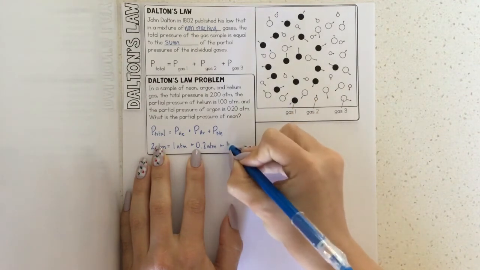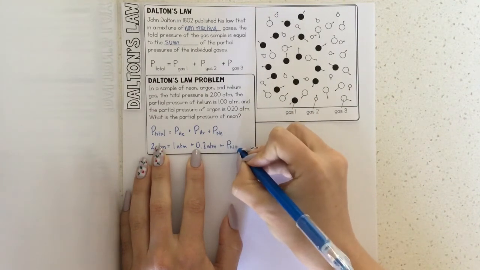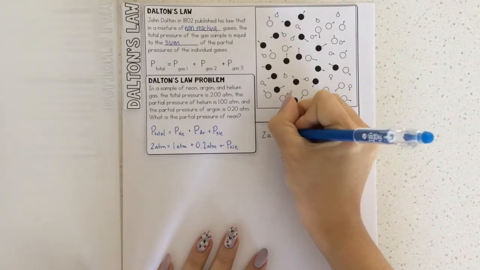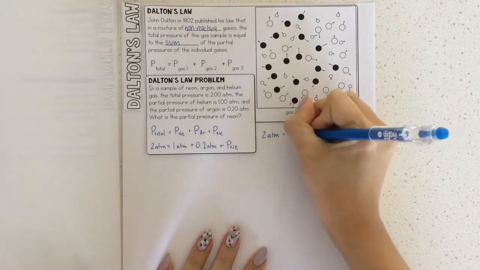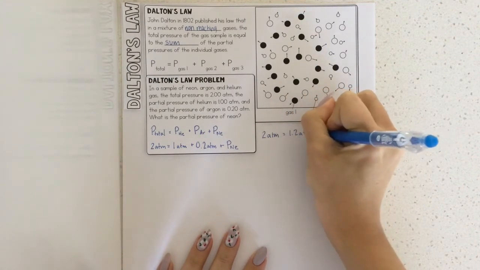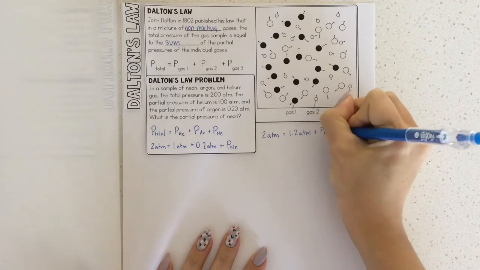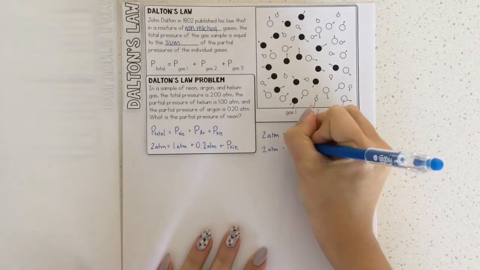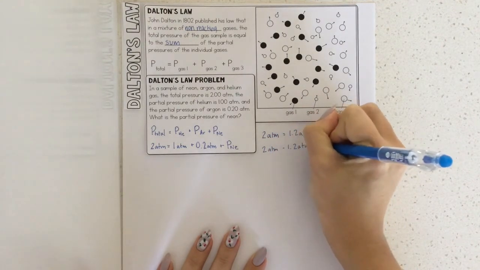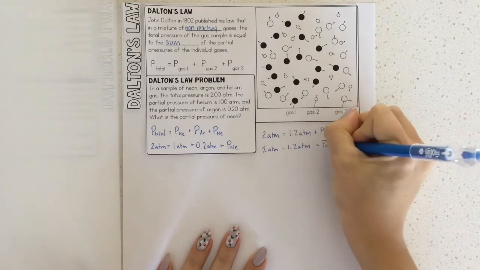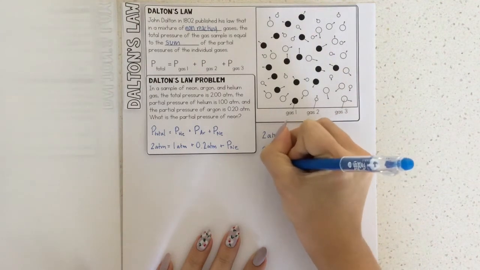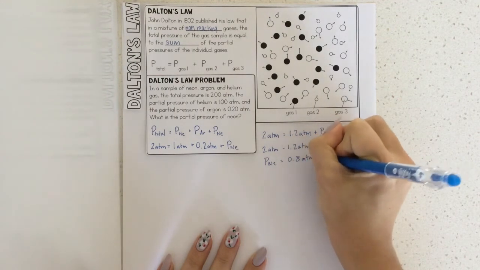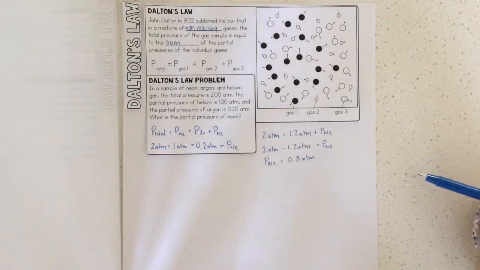And we don't know the pressure contributed by neon, but we can solve for it. Partial pressure of neon is 0.8 atmospheres.